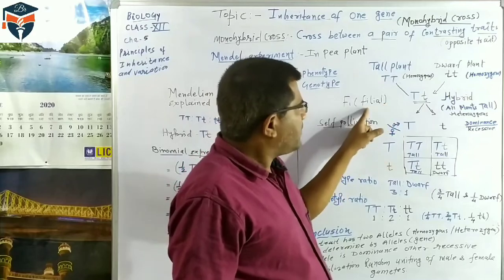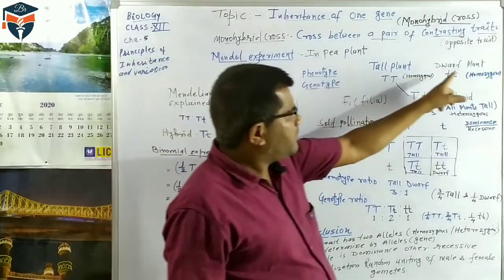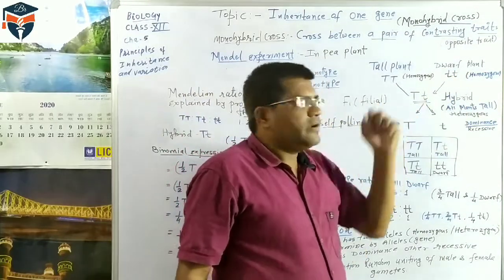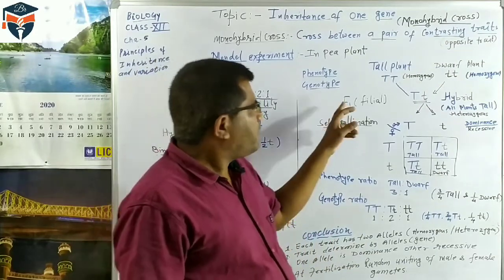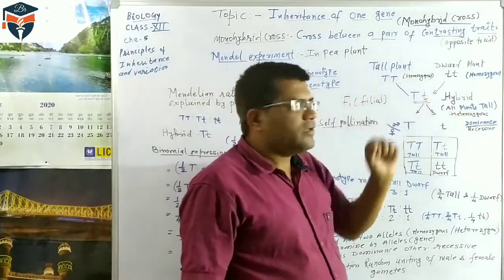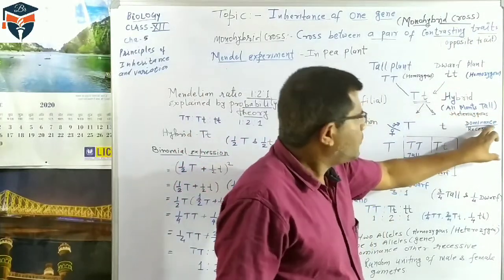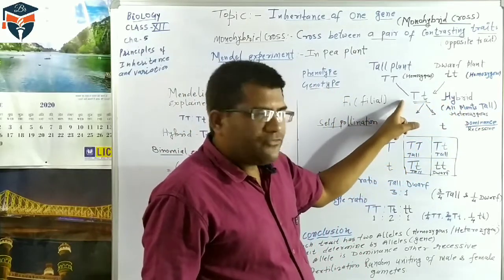In the F1 generation, when Mendel crossed the tall plant with the dwarf plant, all plants appeared tall. It means tallness is a dominant character, because the tall character appears in the F1 generation.